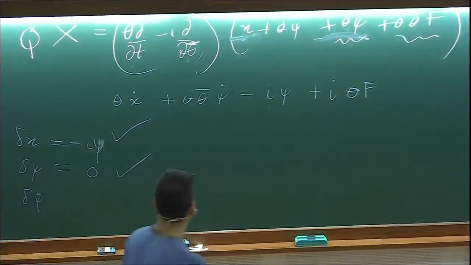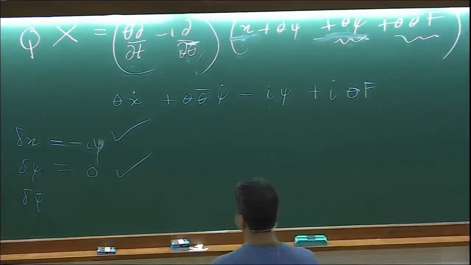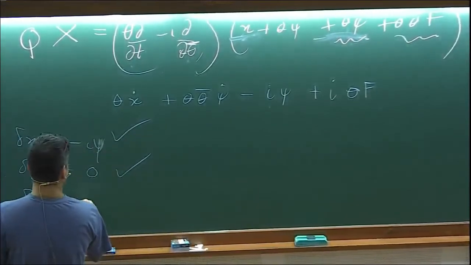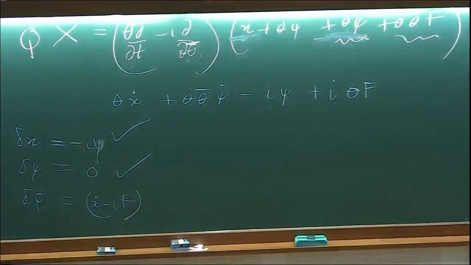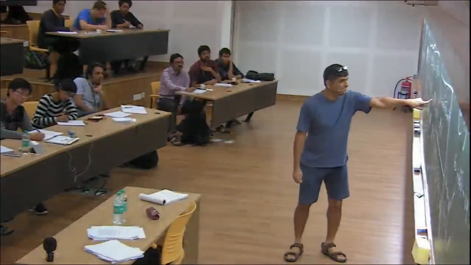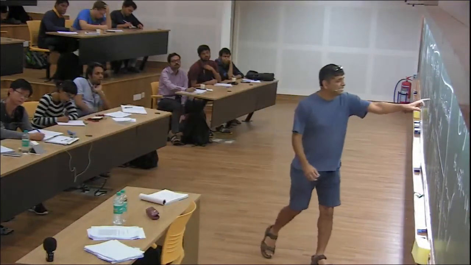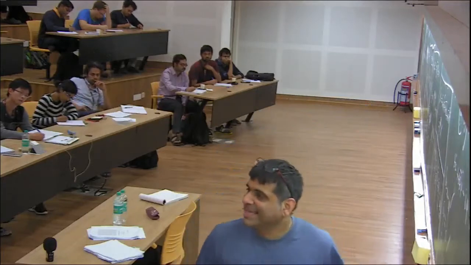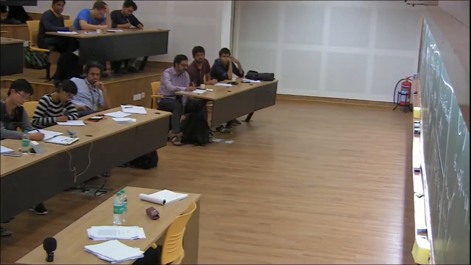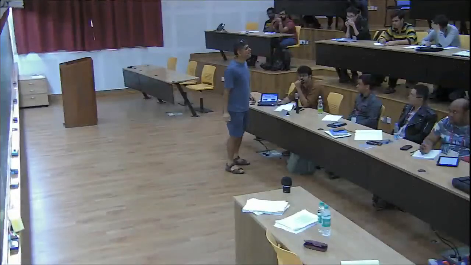Delta psi bar was the coefficient of theta, which is equal to x dot minus i f plus i f. Now, delta psi bar was supposed to be p, plus this, minus i w. So if it turns out that this f is identified with w in some way up to a sign, then we will have got the supersymmetric relations right.